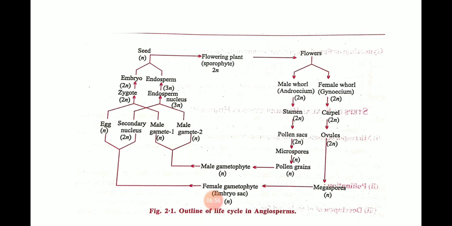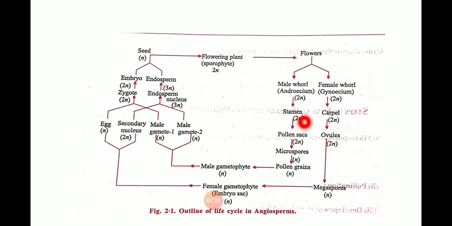This diploid plant generates a sexually reproductive part which is the flower. The flower comprises the male part, which we will be discussing further as androecium, and the female part, which we will be discussing further as gynoecium. The androecium is also 2n and gynoecium is also 2n.